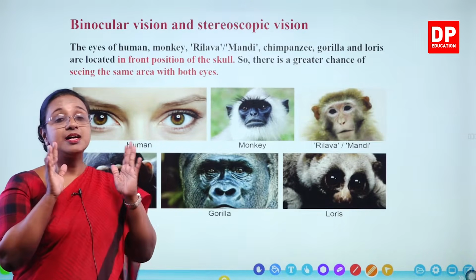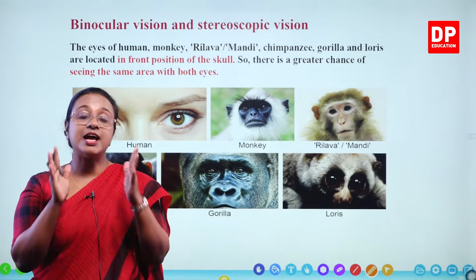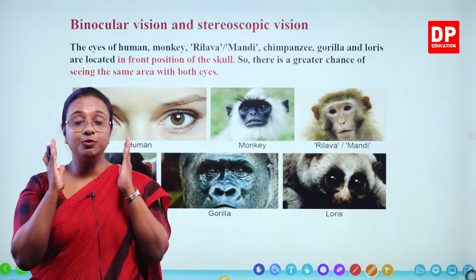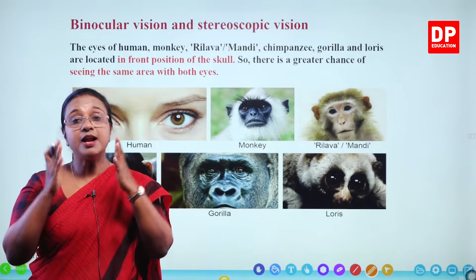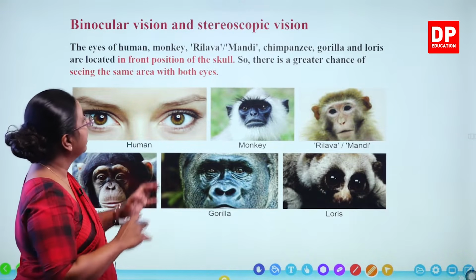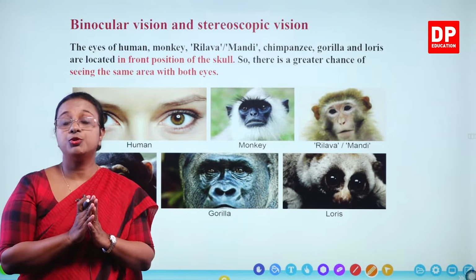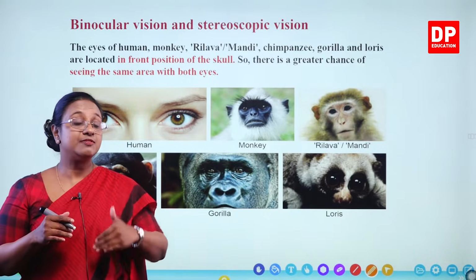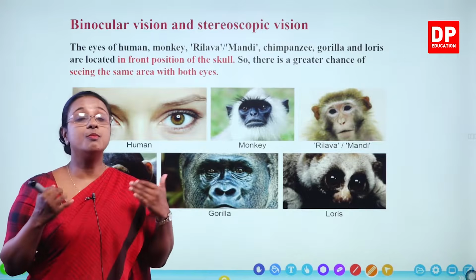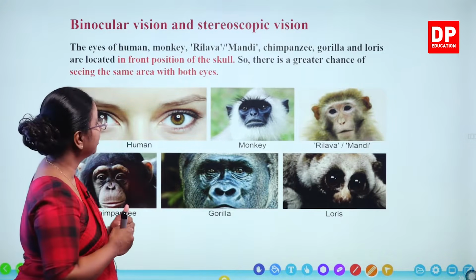The eyes are situated in front of their face. So when I look at you, you know that both my eyes are in front of my face. So because of that, I can see the same area with both my eyes. That gives a better vision or more clear vision. That is what we call binocular vision.